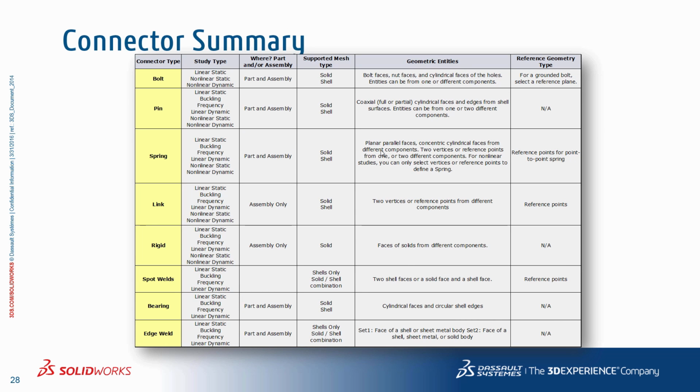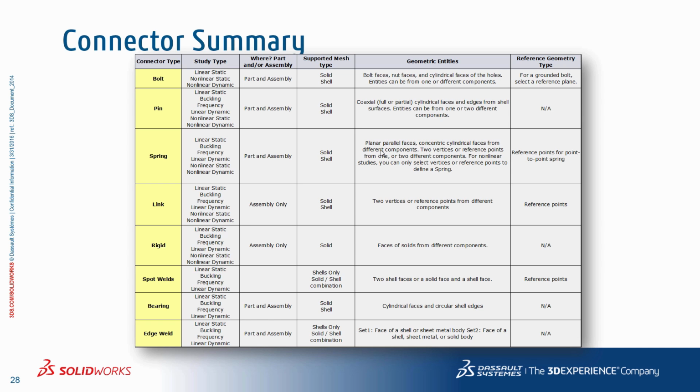Okay, so this chart summarizes all the connectors that we have discussed, and you can really use this as a reference going forward. So the first column is the study type, kind of gives us an idea of what connectors are supported for what study types. The next column is part or assembly, so letting us know what connector works at the part level, at the assembly level, or both.